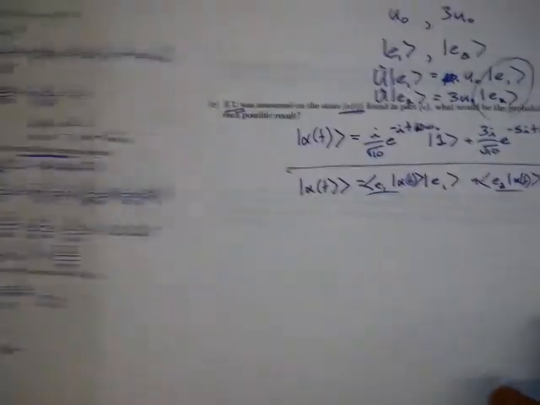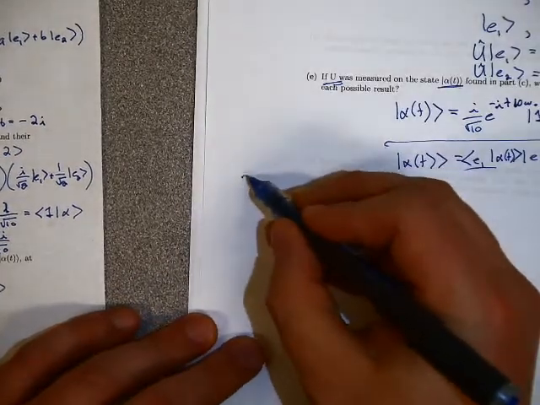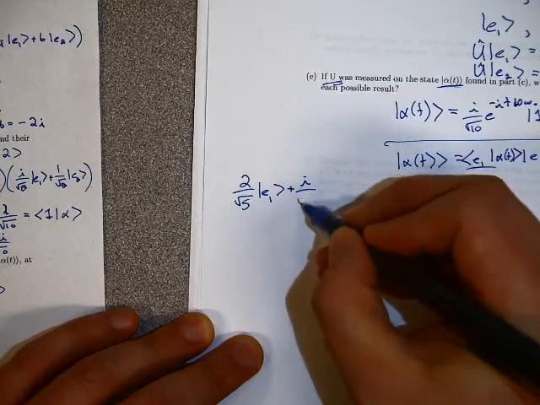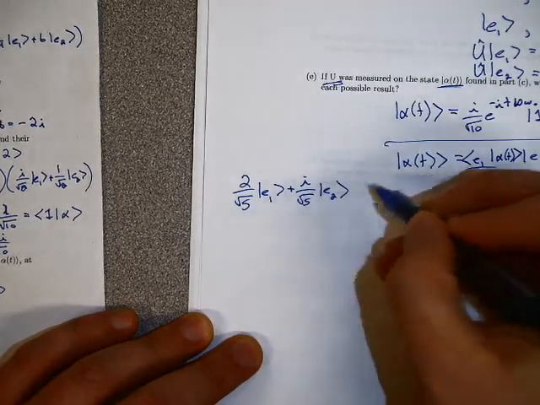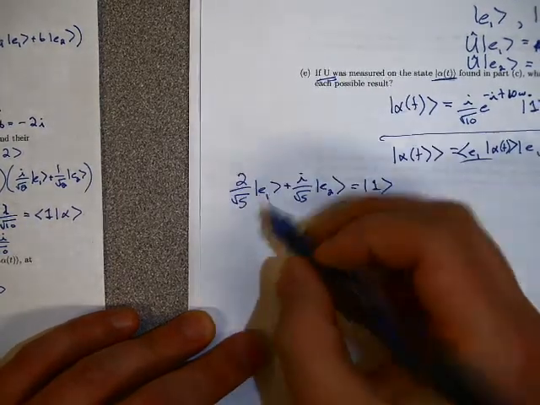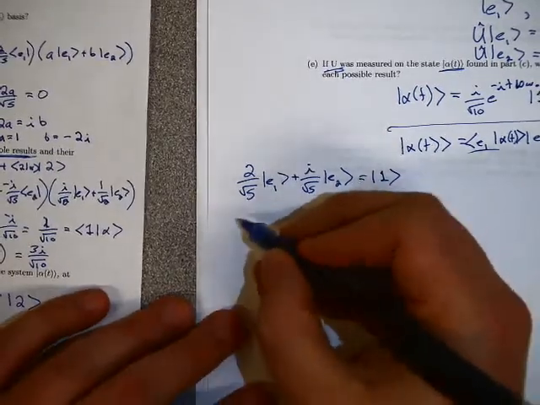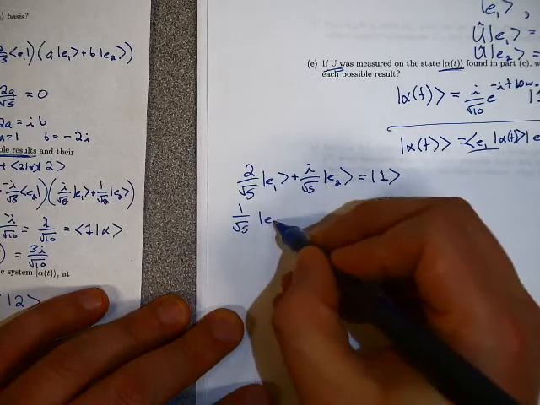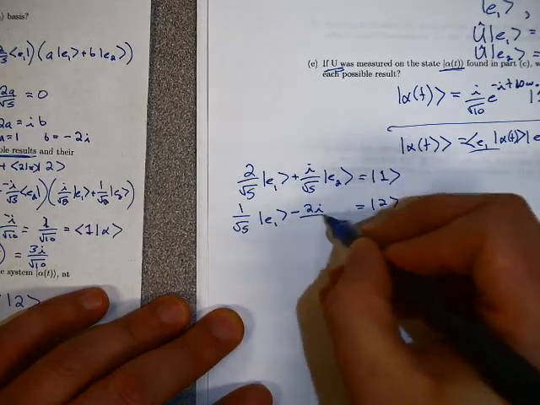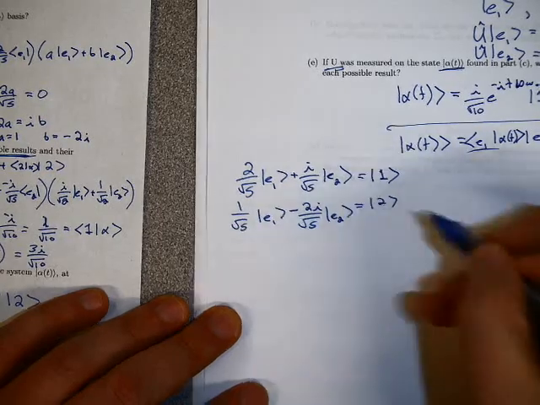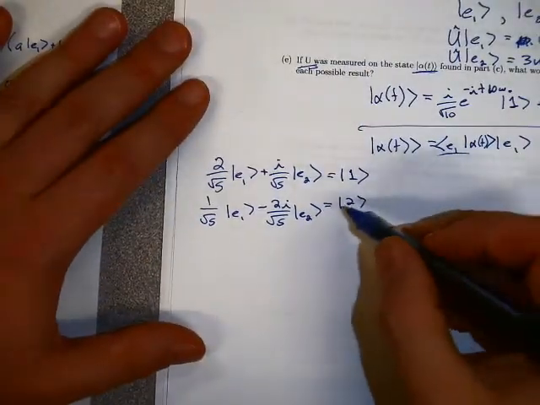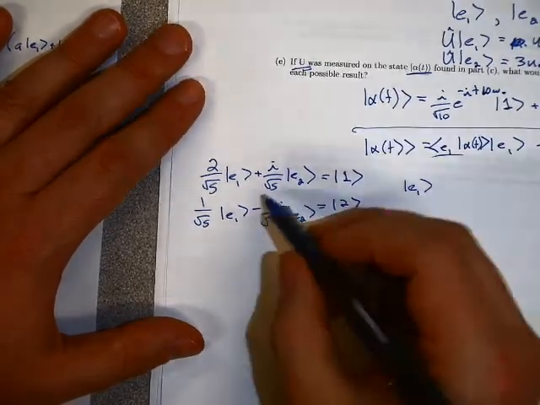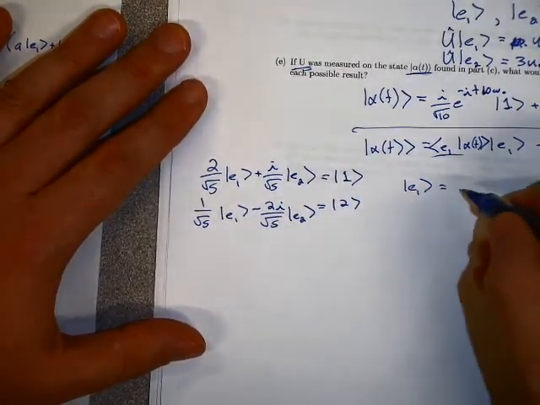So let's try to do that really quickly. 2 over root 5 e1 plus i over root 5 e2 is equal to 1, and 2 is equal to 1 over root 5 e1 minus 2i over root 5 e2. All right, so let's solve these to find out e1.